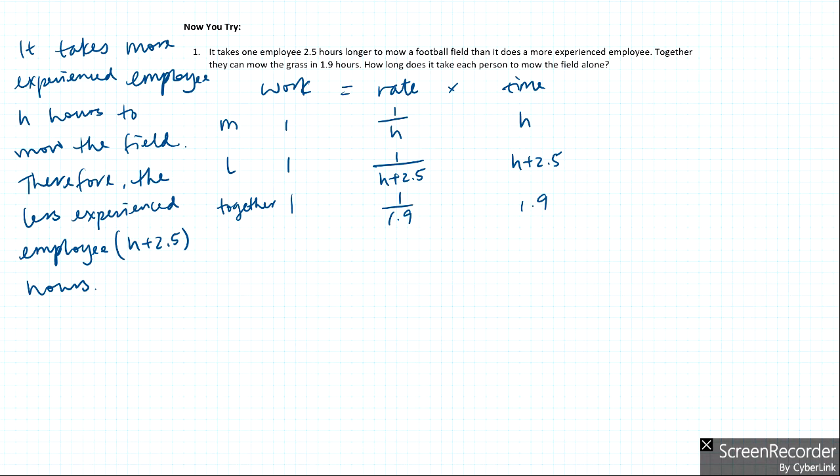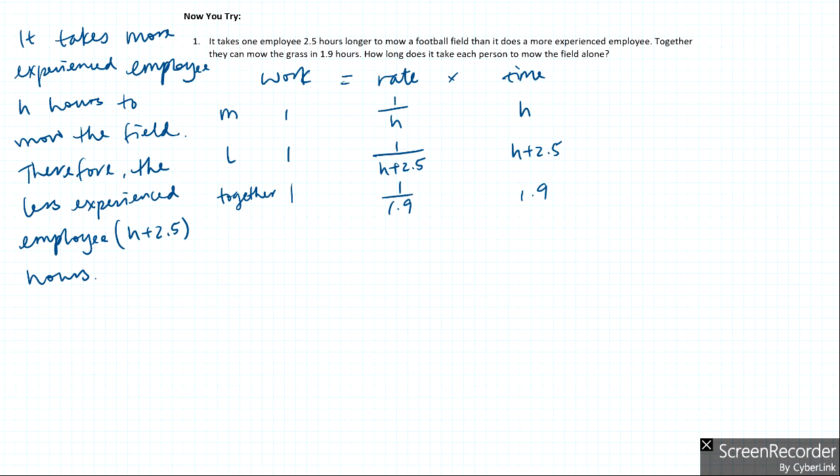The relation between all these quantities is that if I want to find the rate when they work together, it's a sum of the two individual employees. So I can set up the equation to be 1 over H plus 1 over H plus 2.5 is equal to 1 over 1.9.